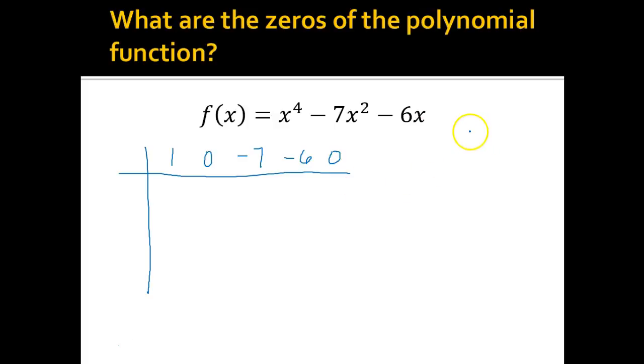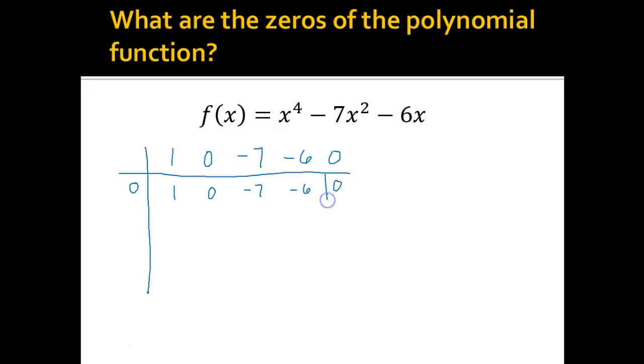Okay, now, the numbers that we're going to use here, actually, since 0 is the constant, we're going to actually use 0. We're going to get 0 as the answer. So bring down the 1, times 0 is 0, plus 0 is 0, times 0 is 0, minus 7 is negative 7, times 0 is 0, minus 6 is negative 6, times 0 is 0, plus 0 is 0.